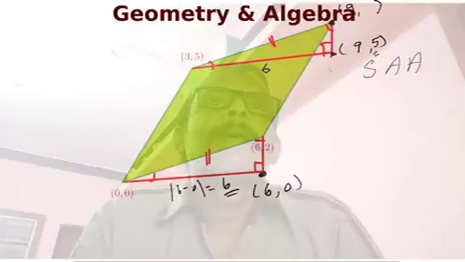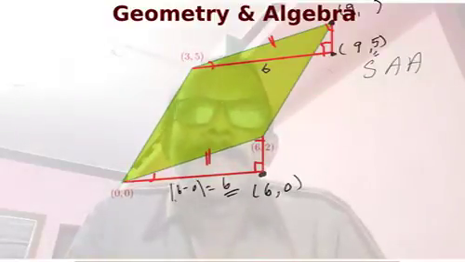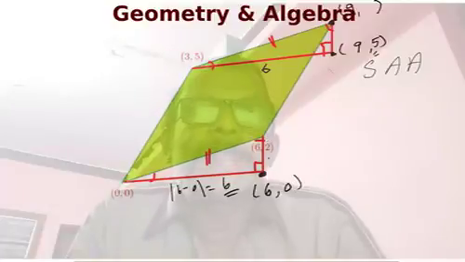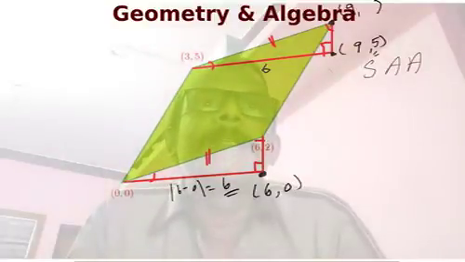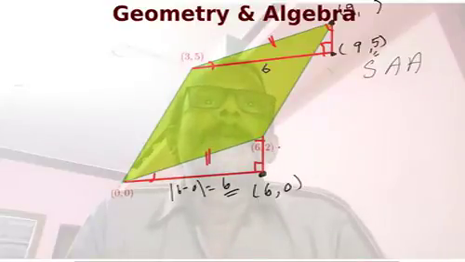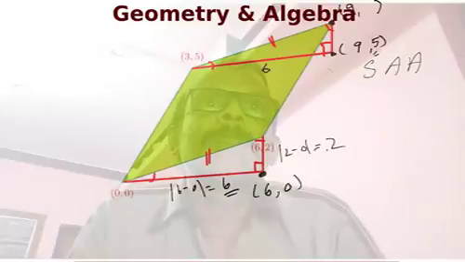For that we have to calculate this length also. Here we have to find the length of the base. Then what will be the height of this perpendicular line? It will be equal to the difference of the y coordinates, that means modulus of 2 minus 0, which is equal to 2.